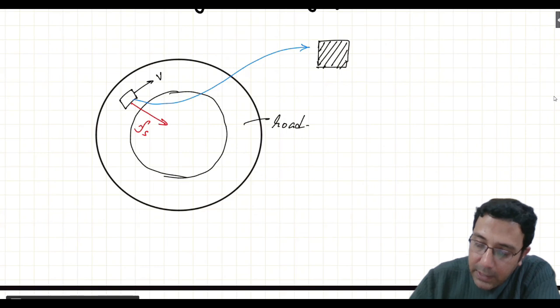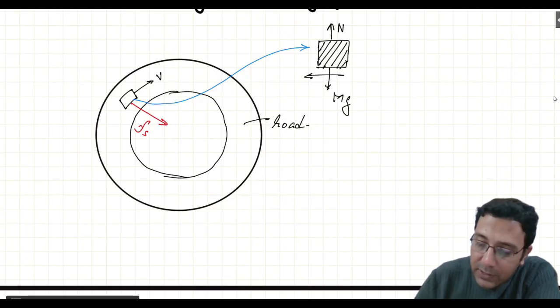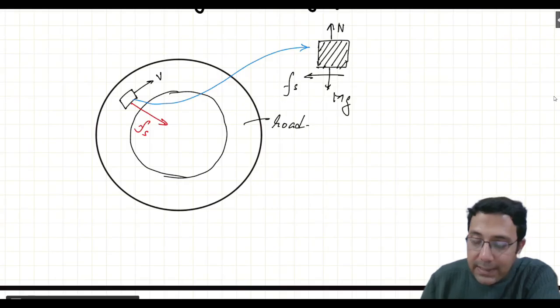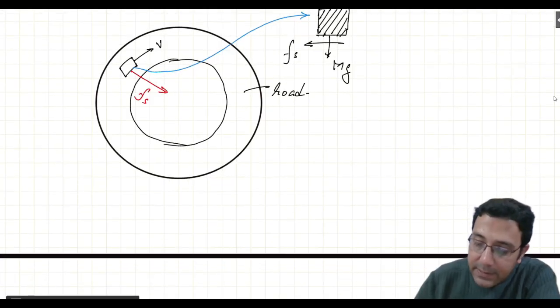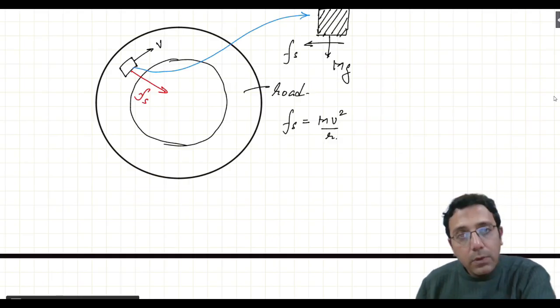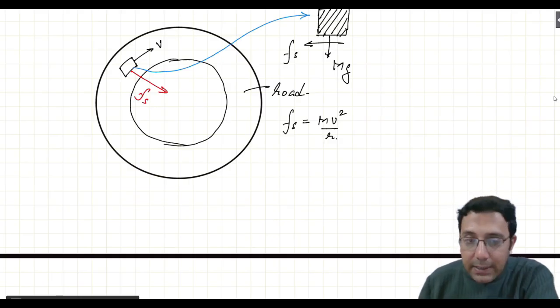Here the normal reaction is up from the road. We have mg, that is down, and we have a static friction force that is acting towards the center. Now fs is equal to mv square by r.